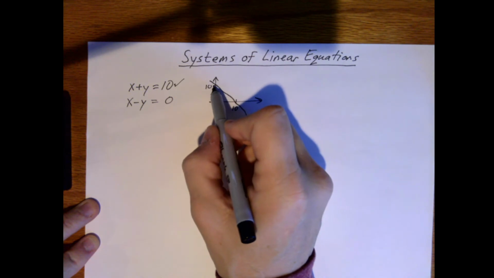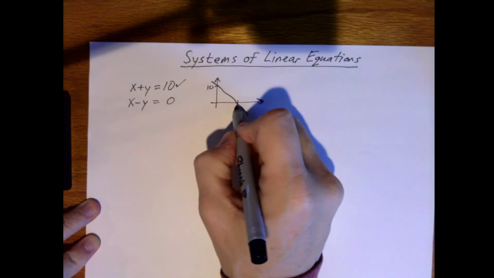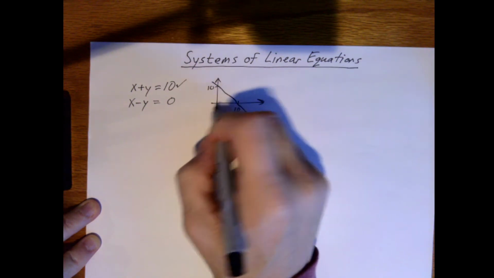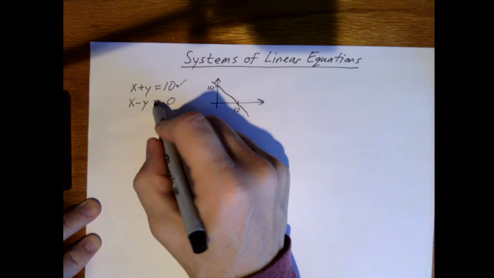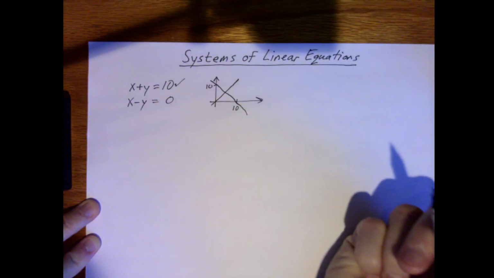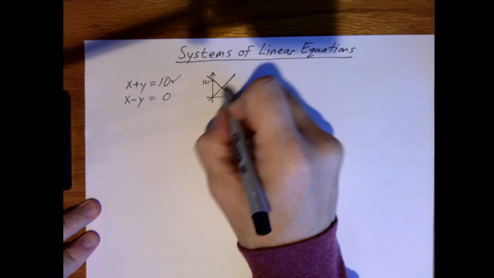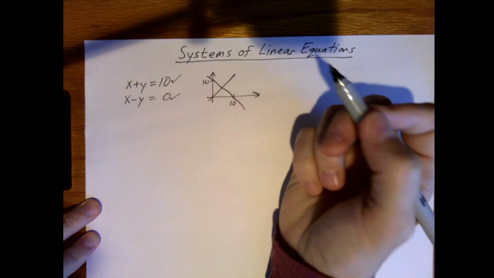Because here's 0, 10, that satisfies it. Here's 10, 0, that satisfies it, and everything else along that line would satisfy this one. If we plot the second equation, which is really just x equals y, that's this right here. And there's 0, 0, there's 1, 1, there's 7, 7. Every one of those satisfies this equation.